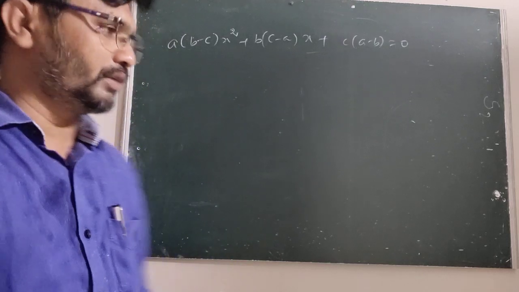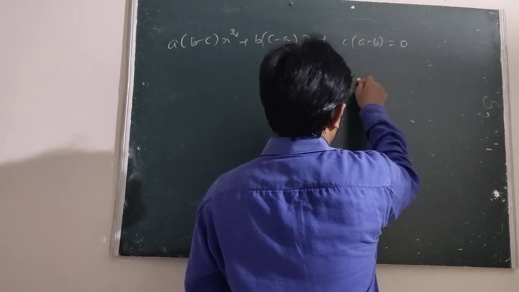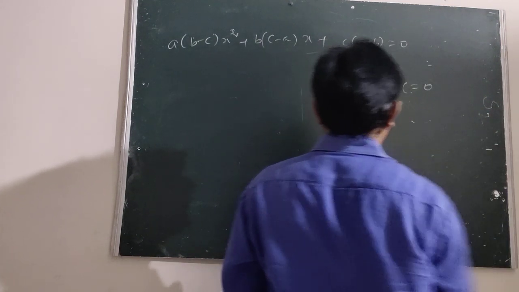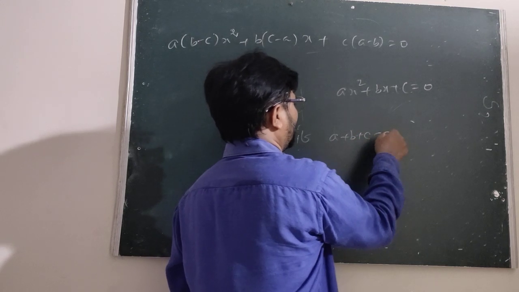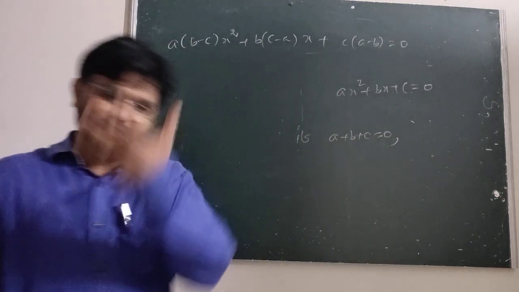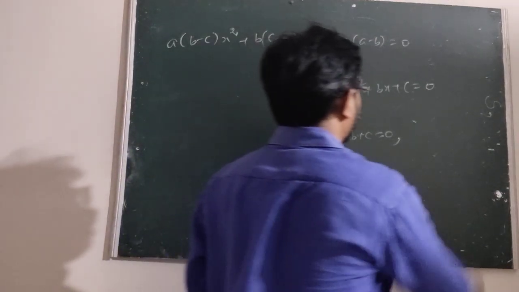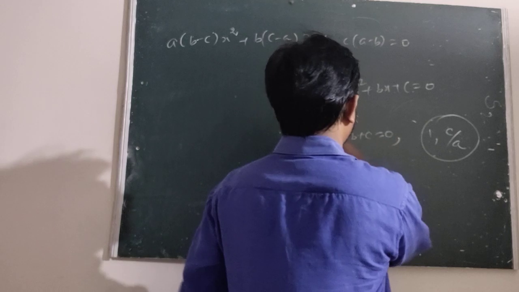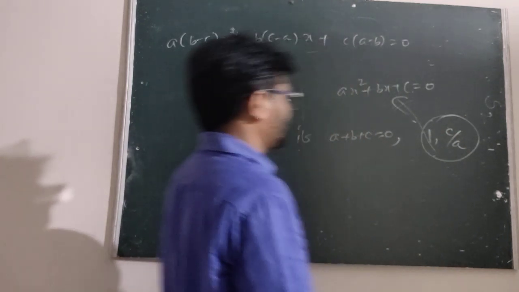Our simple observation is, suppose ax square plus bx plus c equals 0. If a plus b plus c equals 0, then the roots are 1 comma c by a.